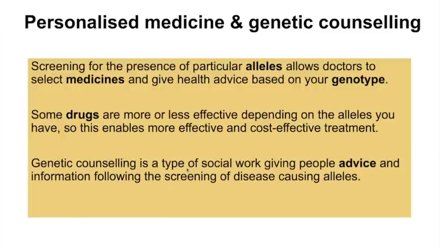And then afterwards, if you do have results that show you have a disease-causing allele, they'll talk you through what your options are now. So it could be they might talk you through options of changing your lifestyle to reduce the likelihood of that disease having any impact, or how you can monitor and check to see if you do have that disease, you detect it earlier, and therefore you're more likely to have successful treatments.